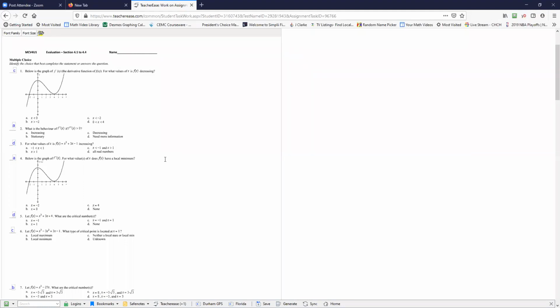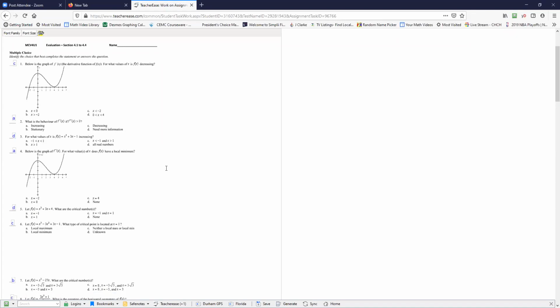You need to log in at the correct time, because the way that Teacher Ease works, and I've been playing with it to understand how it works, is that I can time it so that you have a set amount of time. Somebody asked me this morning, how long is it going to be? Likely an hour, but I would expect that most of you, just like on a regular test, would be able to finish in 45 minutes and go back and check everything.